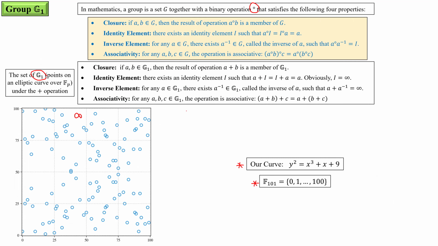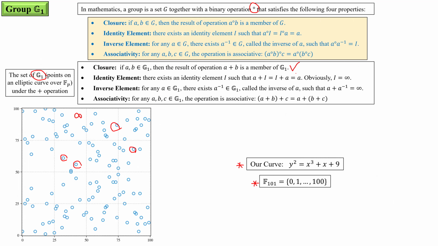If you use the website and the addition tool, you will see that if you add any two elements, like these two, the result would be another point, maybe this one or this one. You cannot find 2 points whose addition is not a point in this set. So you can check and you will see that the first property is satisfied.